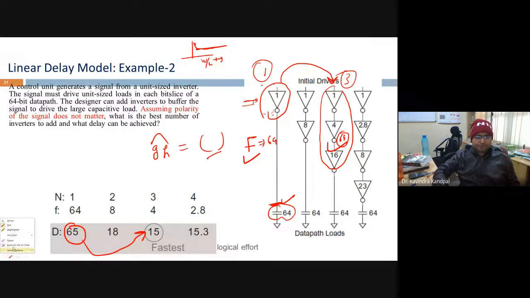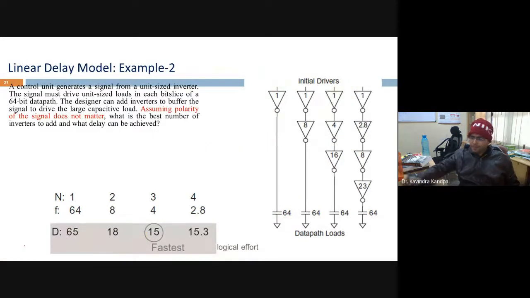Another observation: when you are driving this particular inverter directly from here, versus driving from here, this is going to help you. Though the number of stages is more, you are getting almost 4 times improvement in the delay, right or not? What if I had taken 5 stages, would I have got some improvement?